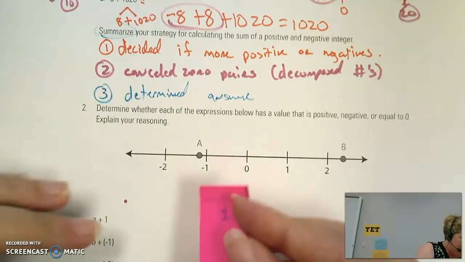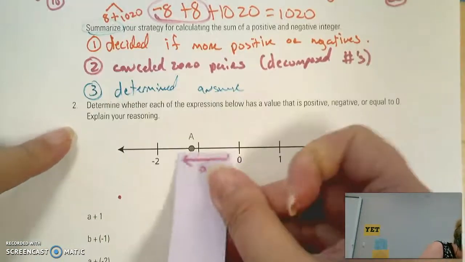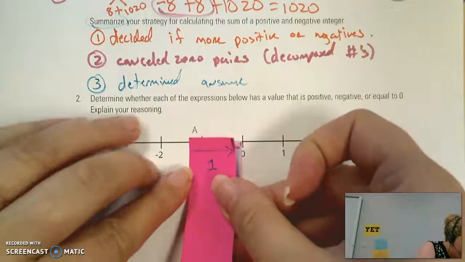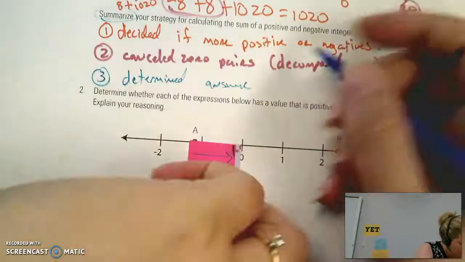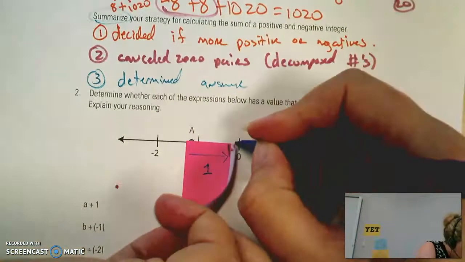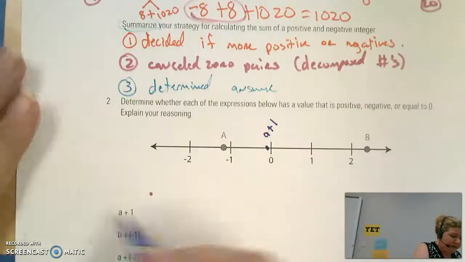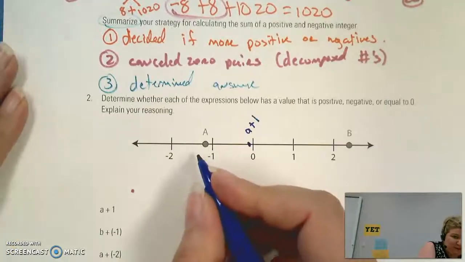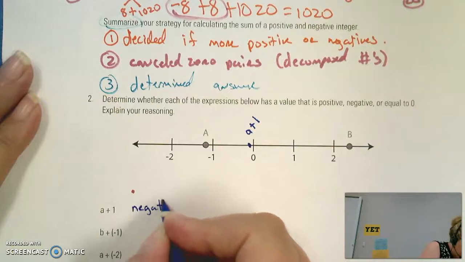So here's what happens. When you're doing this problem, you would go from 0, you would go to A, and then from there, you would go forward 1. This is where you land right here. That is A plus 1, and that is to the left of 0, which means that is negative.